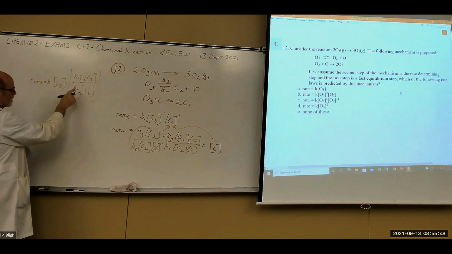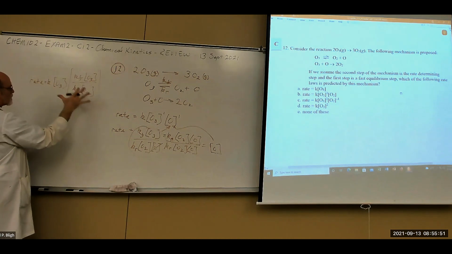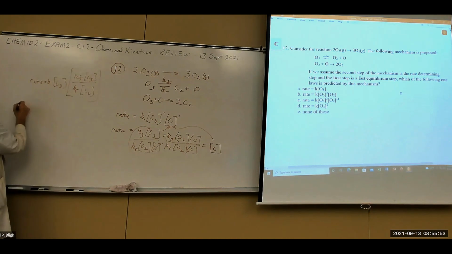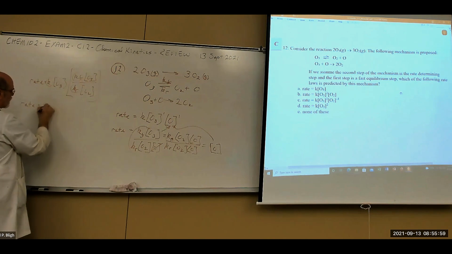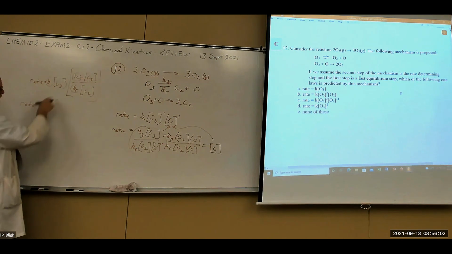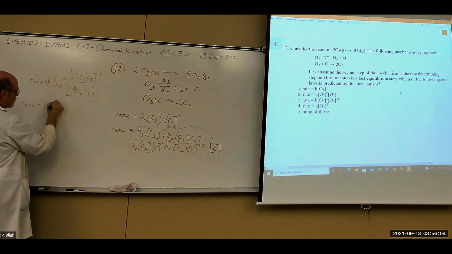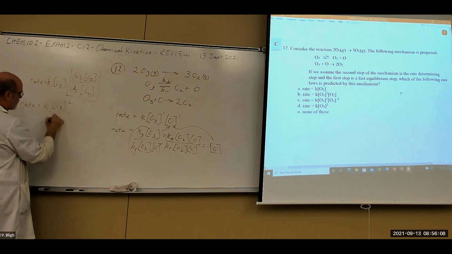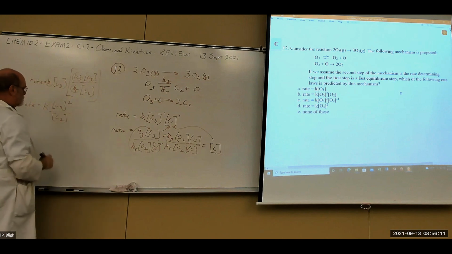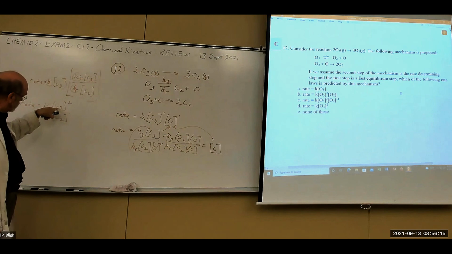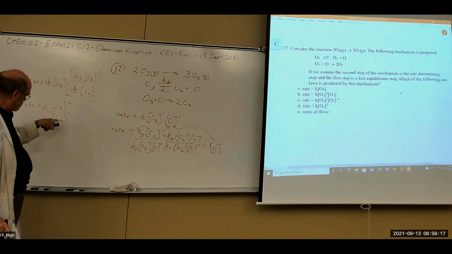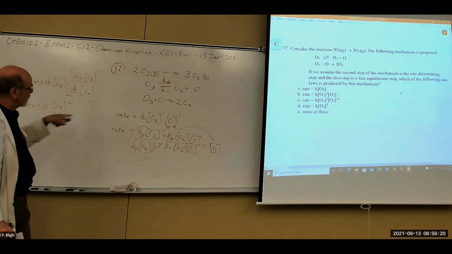That's a constant, that's a constant, that's a constant. We just combine them all into one constant. And now we have O3 times O3, which is squared, divided by O2. There's our rate expression, because we have terms that are in that equation.